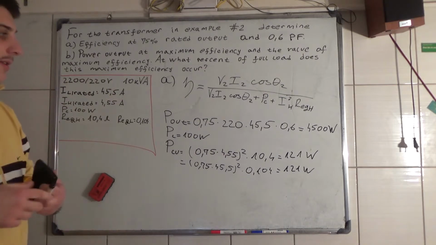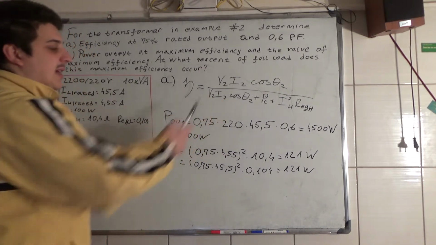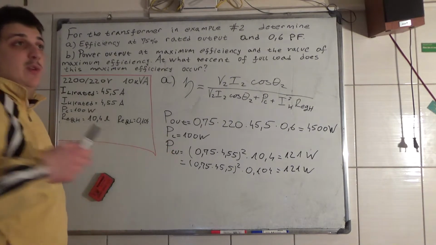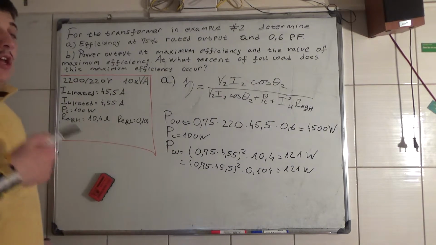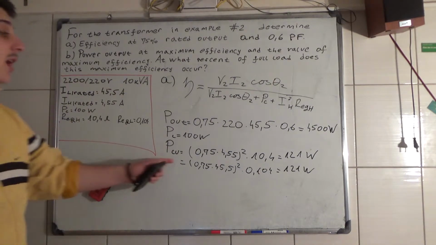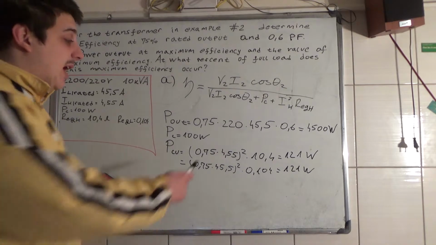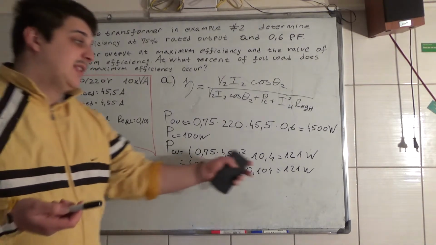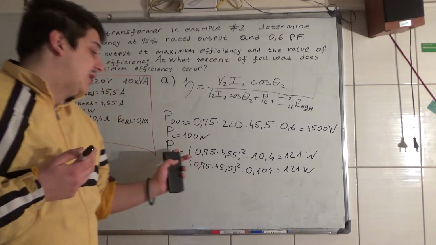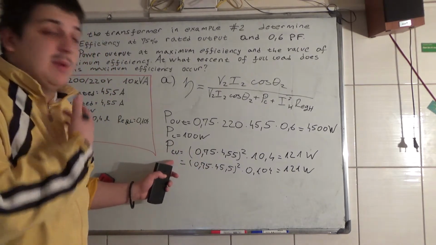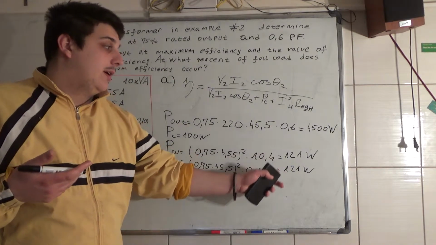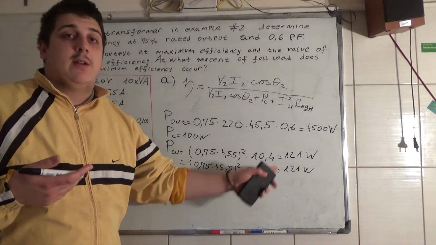Now we have everything. We have the output power at 75% of the full load. We have the core loss, which usually stays the same if the voltage is constant, and the copper loss, which I did from the high voltage side or the low voltage side, at 75% of the load. So this is the copper loss at 75% of the load, and its value is 121 watts.